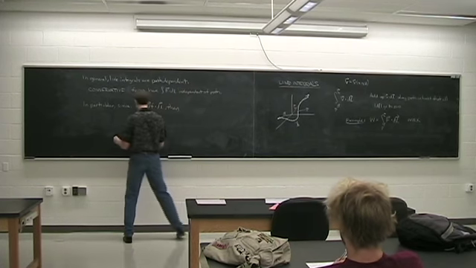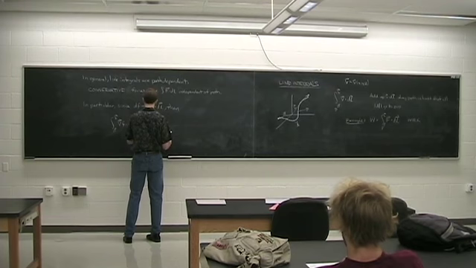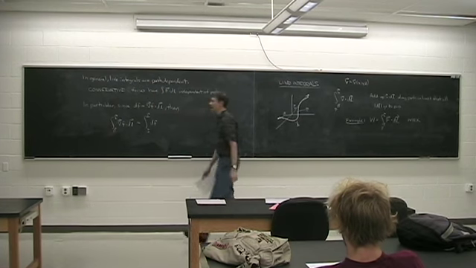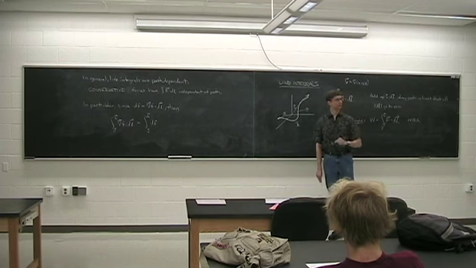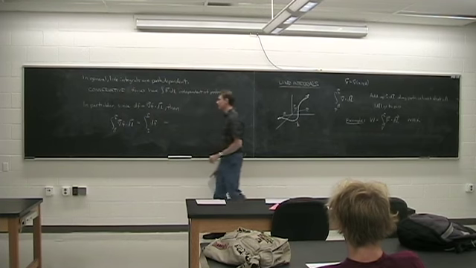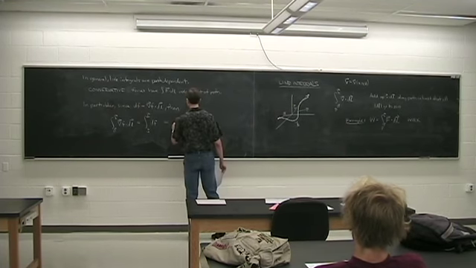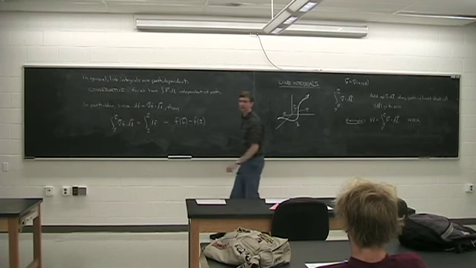If we integrate the gradient of some scalar function between 2 points along some path, well, for each little displacement, grad f dot dl is just the little change in f that occurs for that little displacement dl. So I'm adding up all the little changes in f between a and b, and that's just going to be the final value minus the initial value. F evaluated at b minus f evaluated at a.